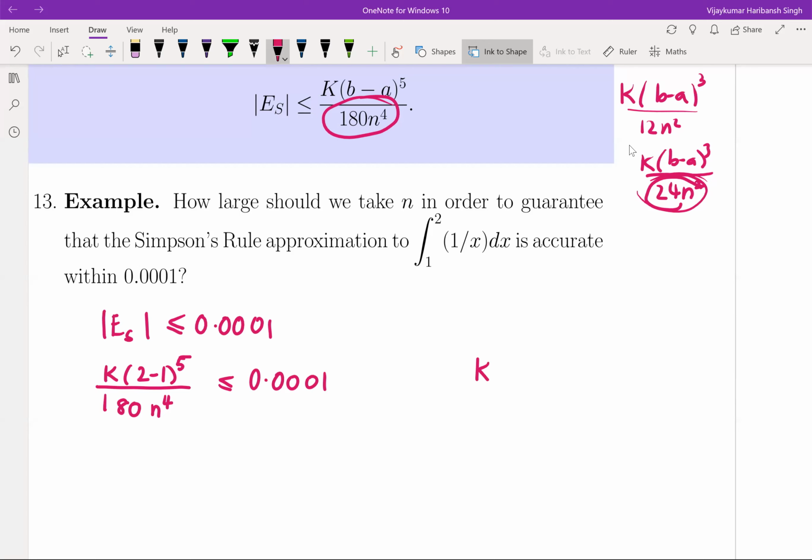So K, I need to compute the fourth derivative of this. The second derivative we already computed for this guy. It's going to be 2x to the power minus 3. The third derivative is going to be minus 6x to the minus 4, and the fourth derivative is going to be 24x to the power minus 5.